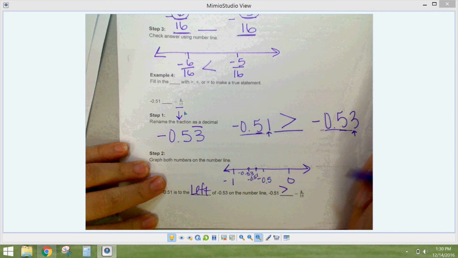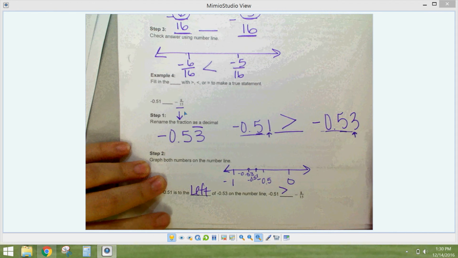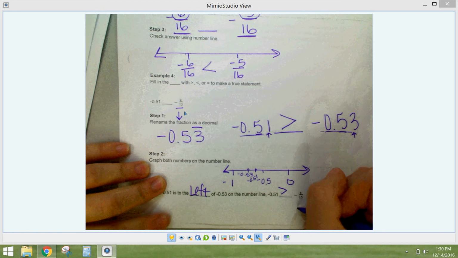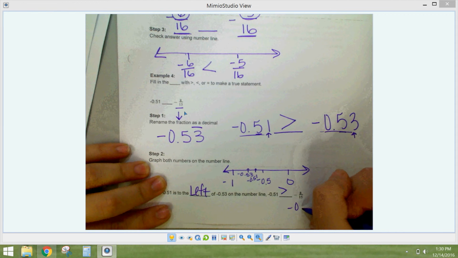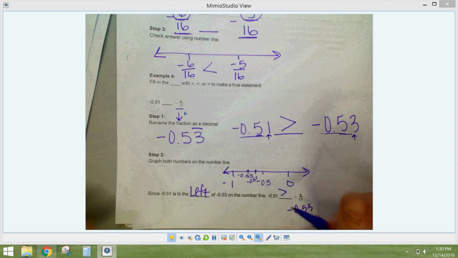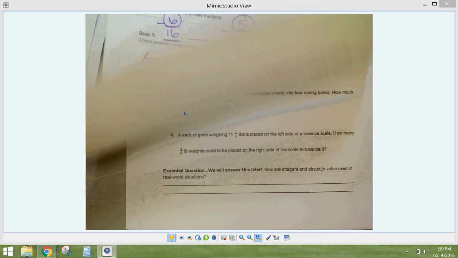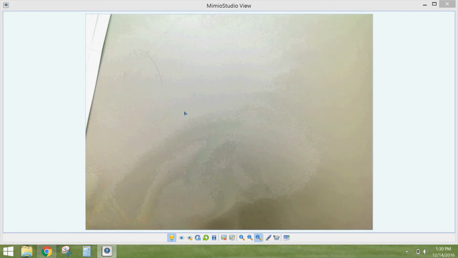And don't forget, when I was looking here, this says -8/15. Well, that's the same as -0.53. Okay, so you can write it right under the number if you need. Go ahead and turn your page.